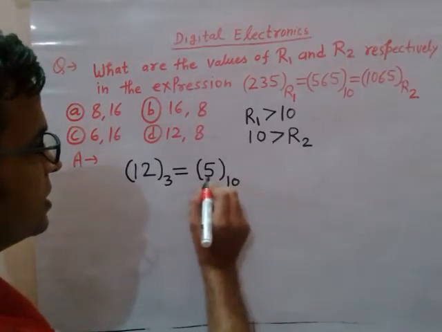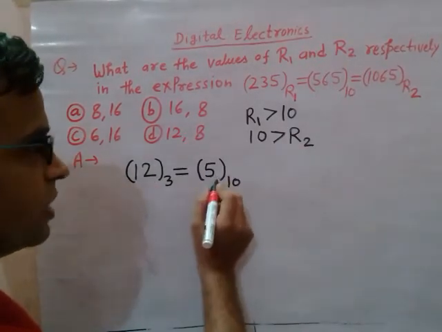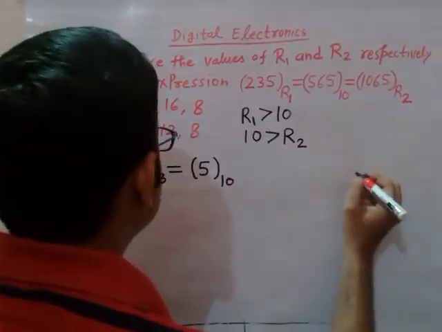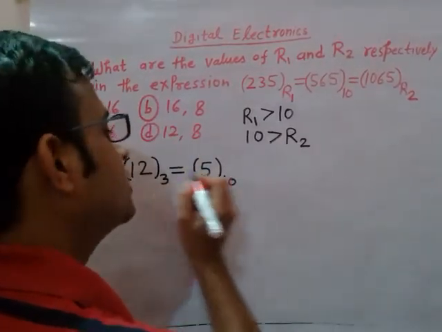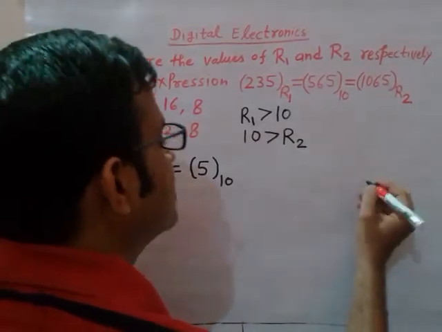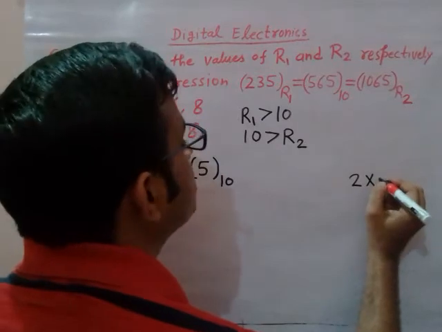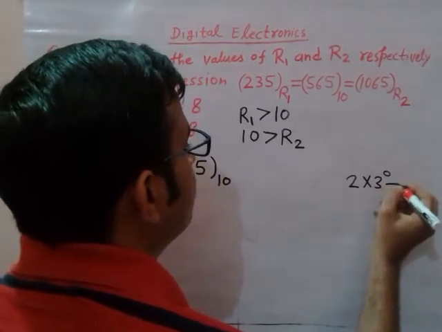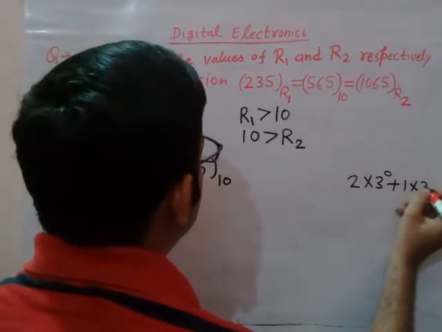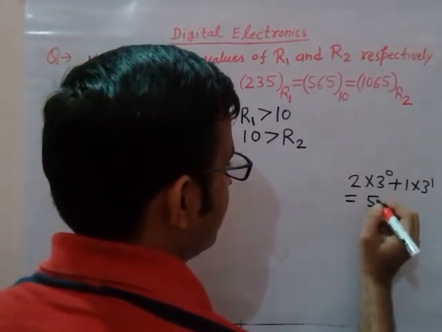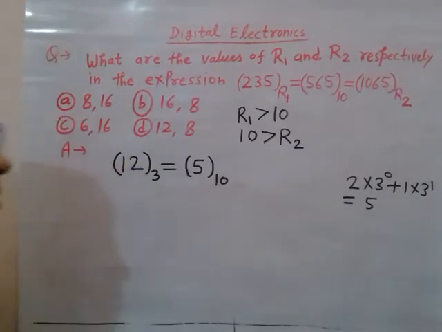How is it 5? See here. 1 2 to the base 3. If you want to convert it into decimal, then 2 into 3 to the power 0 plus 1 into 3 to the power 1. That means 2 plus 3, it is 5. So this 5 is in decimal now, right?